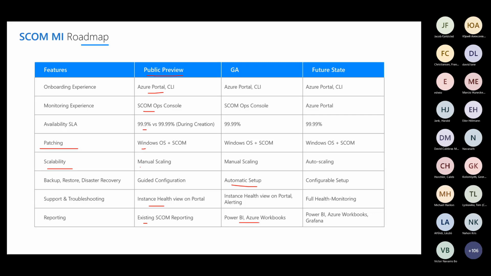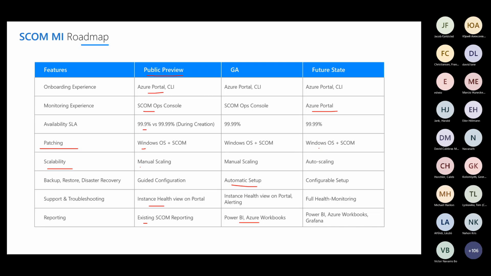Okay, but the North Star, right? At the end of the day, with SCOM MI, everything from onboarding to end-to-end managing will move towards the Azure portal post GA. Patching will be mostly automatic.